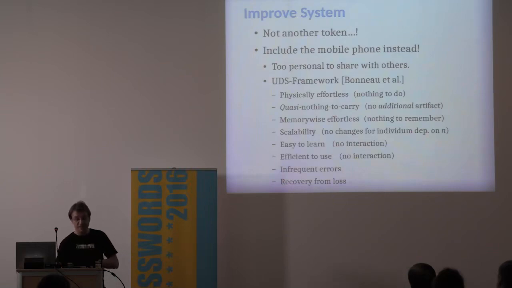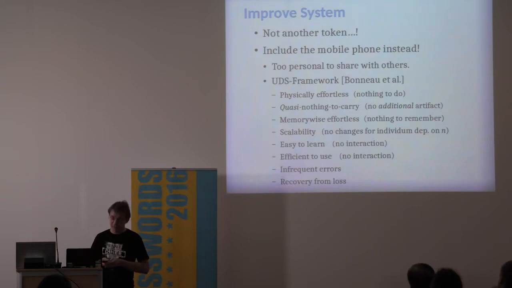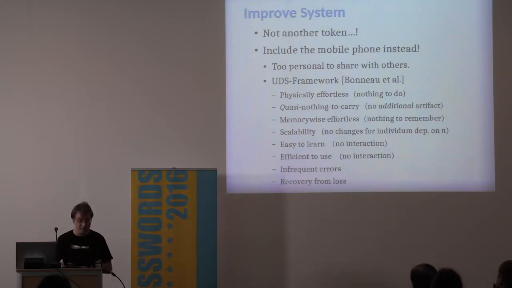So if we take the UDS framework from Bonneau et al., our system would fit into 7 and a half of the 8 points that the framework offers for this kind of authentication systems. It's physically effortless.